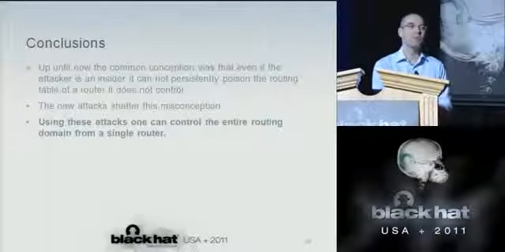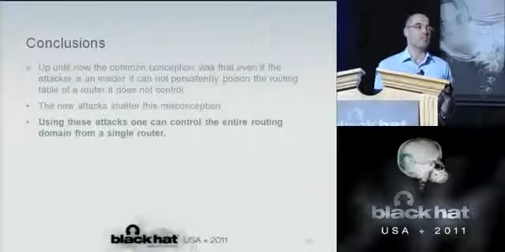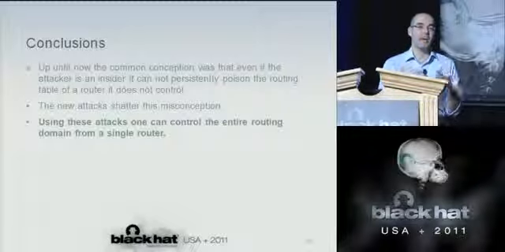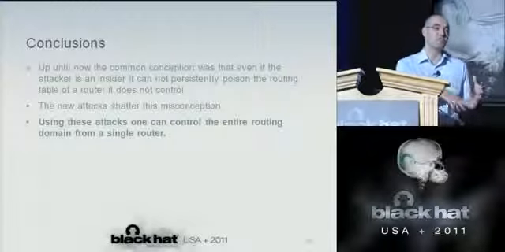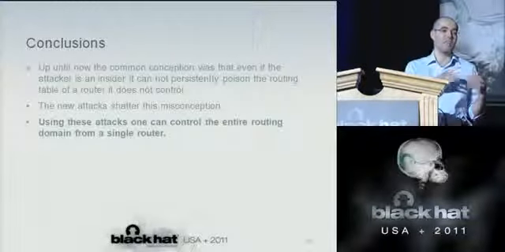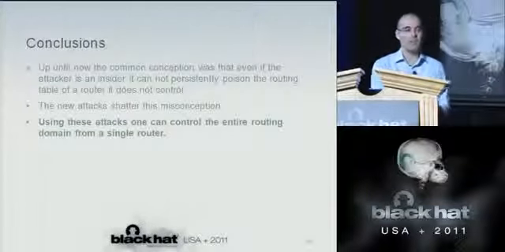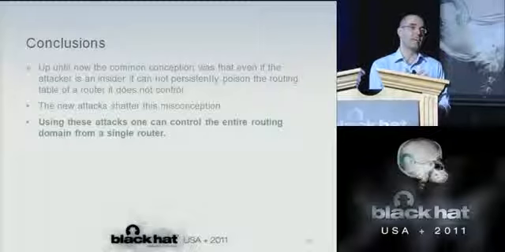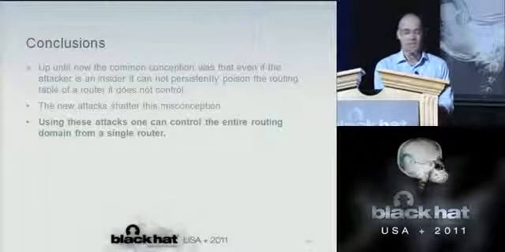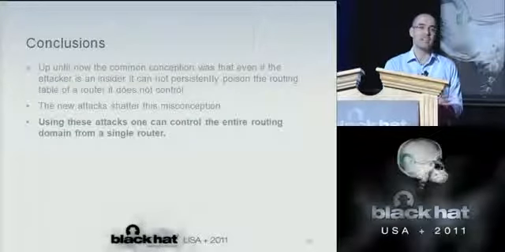So to conclude, the common conception until now was that an attacker inside the autonomous system, even if he knows the shared secret of the autonomous system, cannot really falsify the routing tables of other routers. As you have seen, these attacks actually shattered this conception.